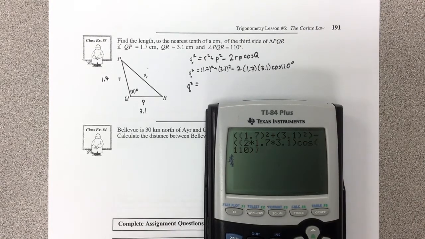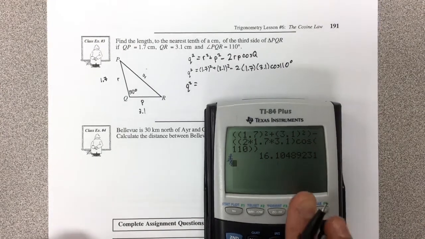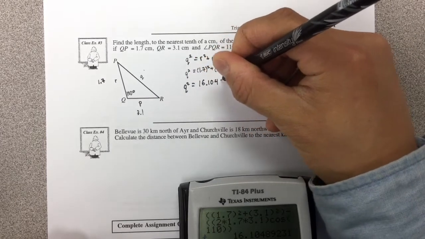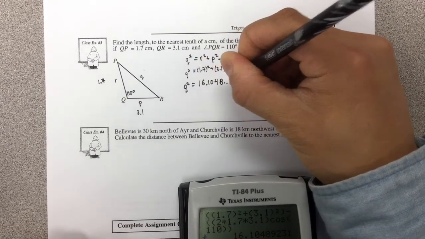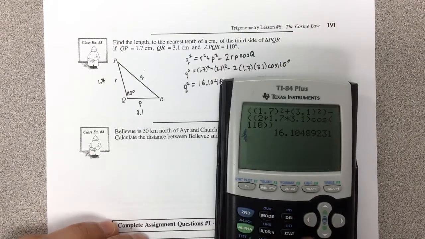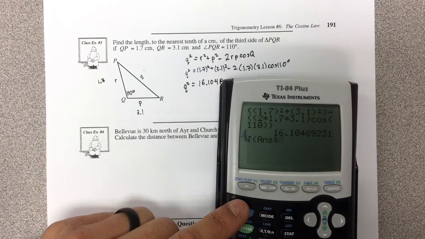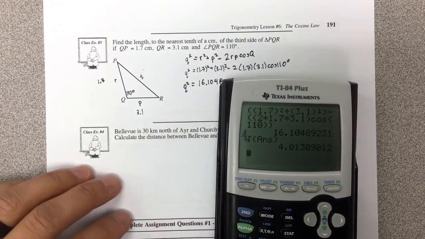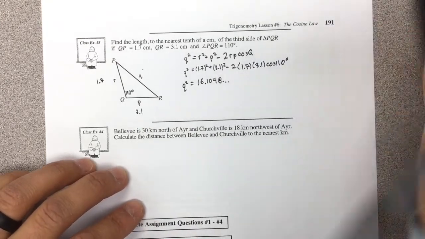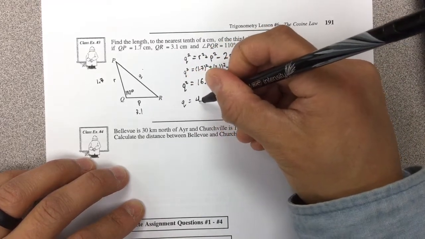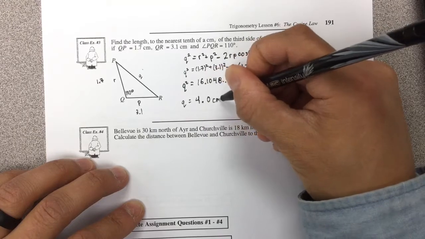Then I close that set of double brackets, and I get my answer of 16.1048. And I have all these decimals left over. But then I have to take the square root of this. And I get my answer of 4 to the nearest tenth. So Q is equal to 4.0 centimeters.